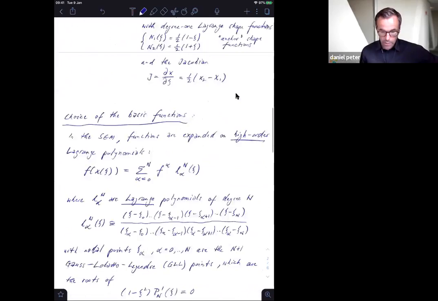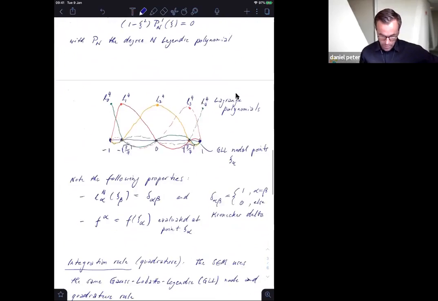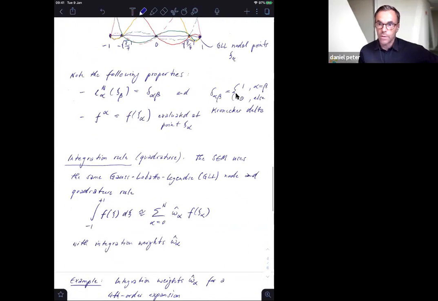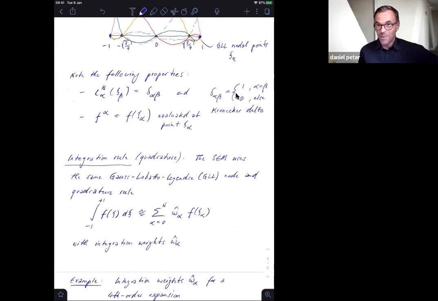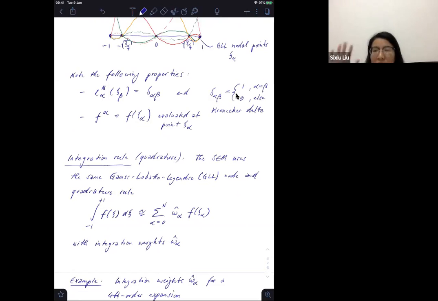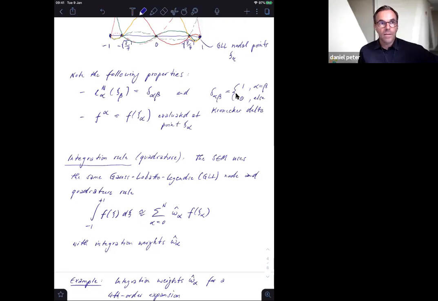Right, together with the quadrature rule. Yes, this is also specific for the spectral element method. What about the third order polynomials? If you want, you can use them as well. But I'm wondering, which does it belong to? It can belong to both.